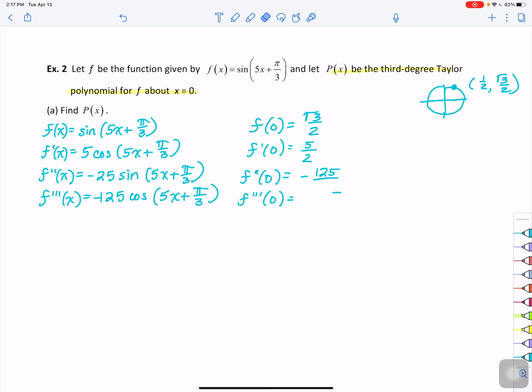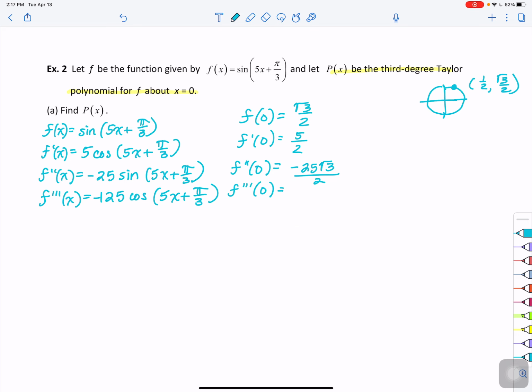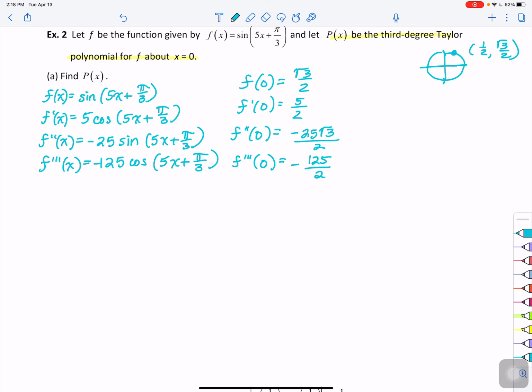So this is just a 25. So that's a negative 25 times root 3 over 2. And then f triple prime evaluated at 0 would be a negative 125 over 2 because it's negative 125 times a half.